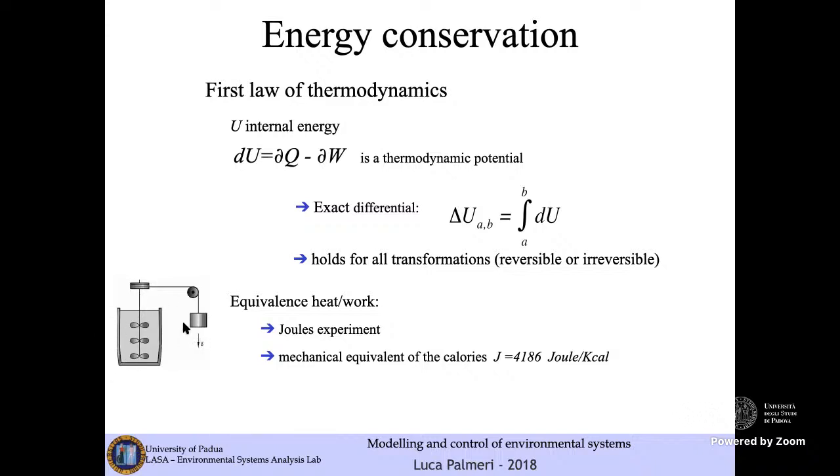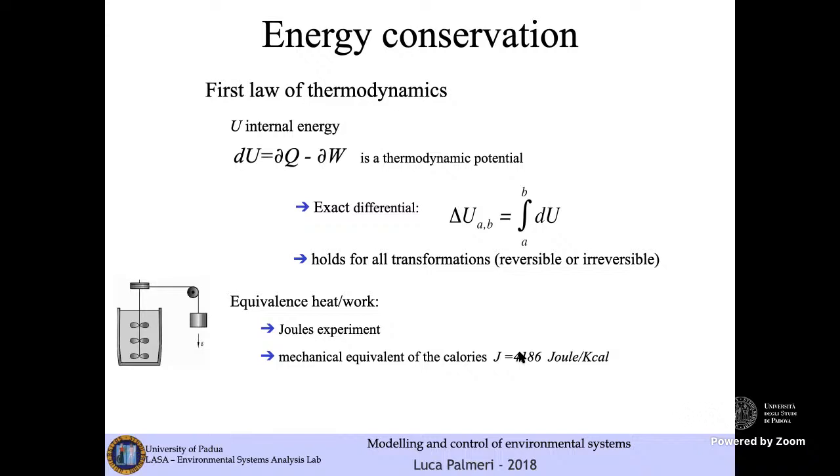This makes the paddles turn inside the dewar, and by this experiment I can establish that there is a variation of the temperature. By this, I can calculate the mechanical equivalent of the calorie, and I obtain this figure, J equal to 4,186 joules per kilocalorie. This is the constant that allows me to convert from mechanical energy to thermal or caloric energy.